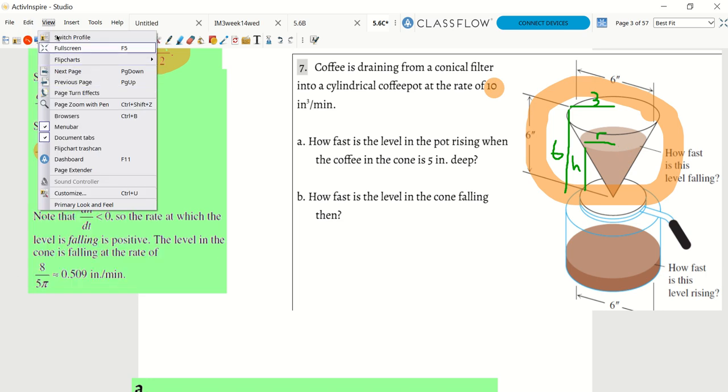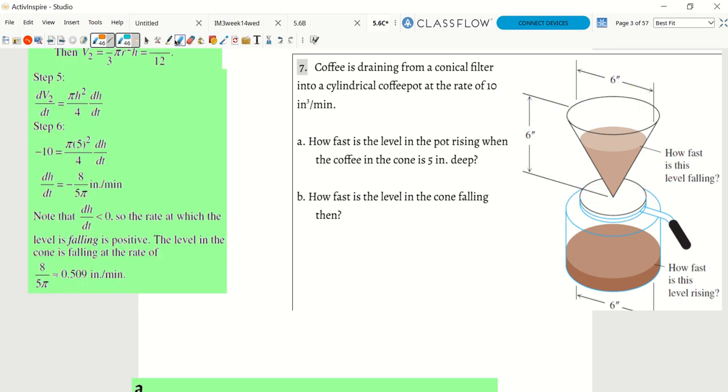It's dripping out of the cone. And then we got a radius of 5 and an h of 5, because the coffee in the cone is 5 feet deep, so that's where it came from.